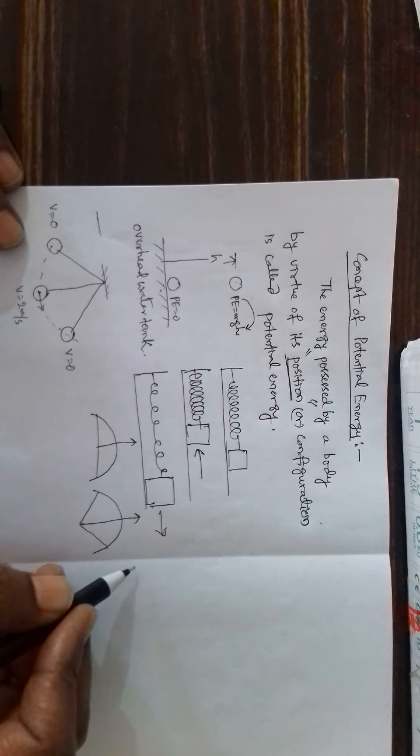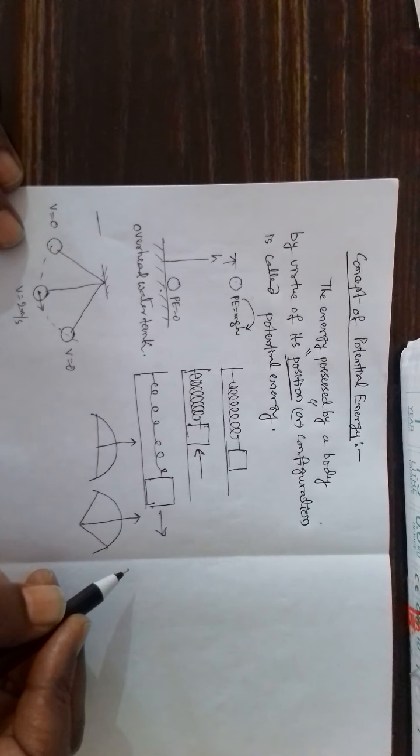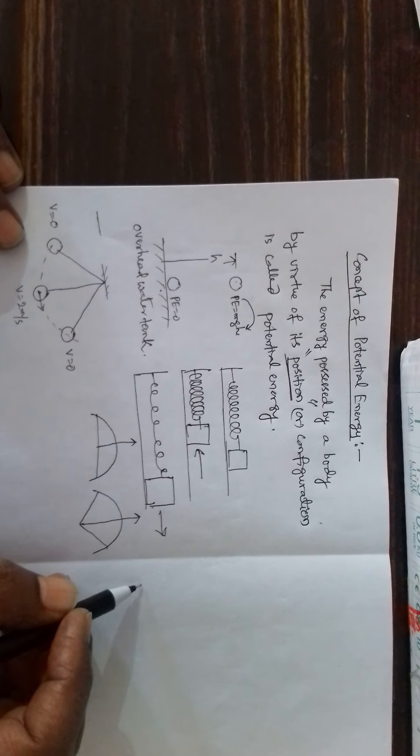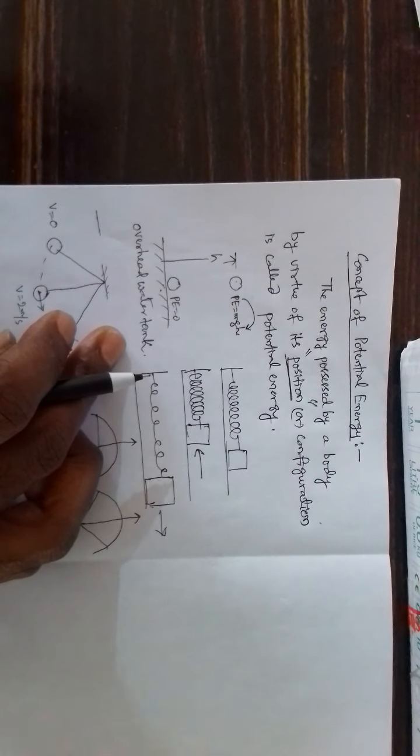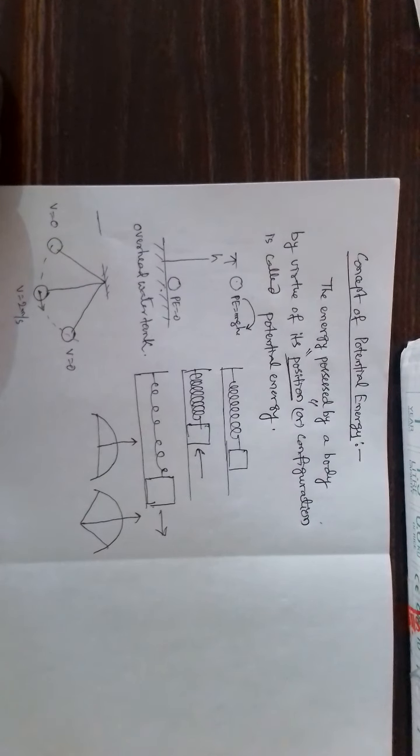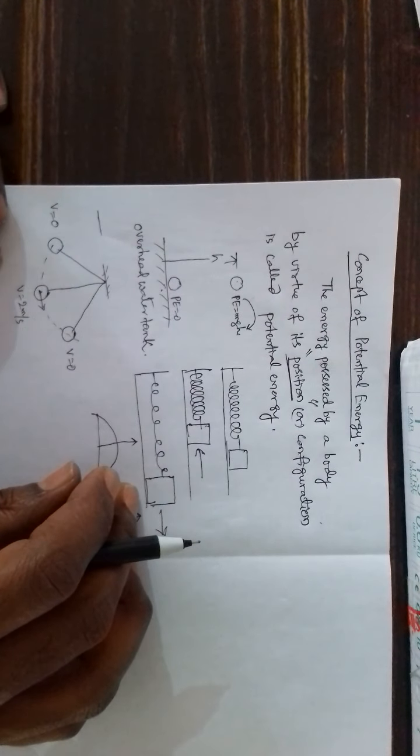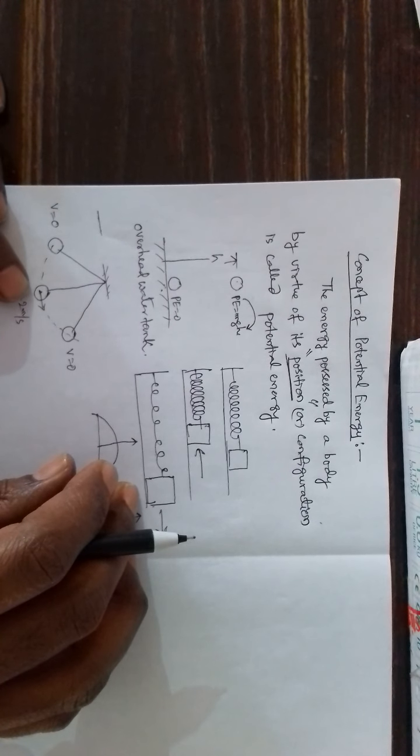With the help of an electric motor, we pump water and store it inside the water tank. The water tank being at some height from the earth's surface, the water inside the reservoir will have some amount of potential energy.